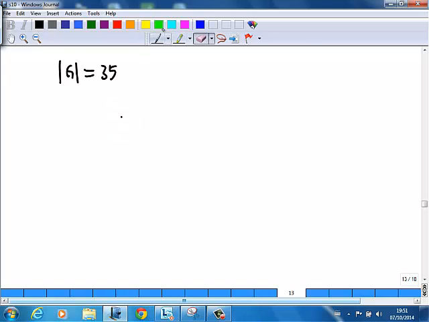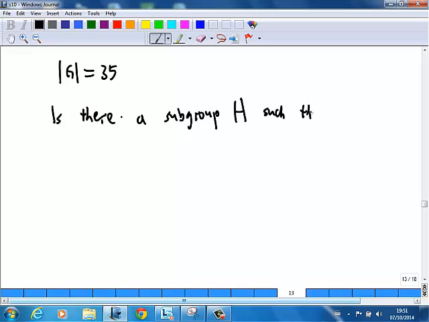Is there a subgroup H such that the size of H equals 7?